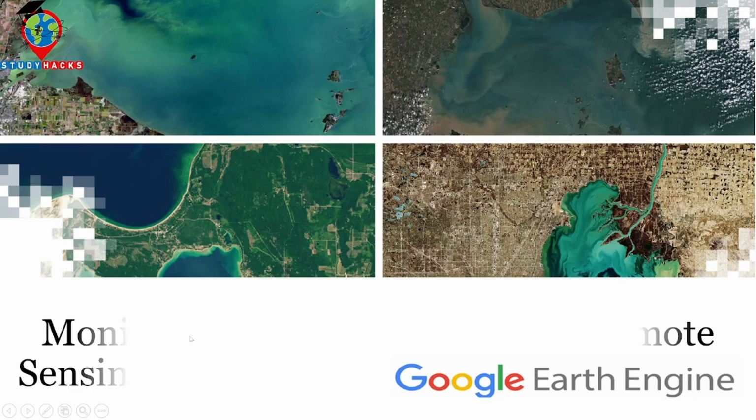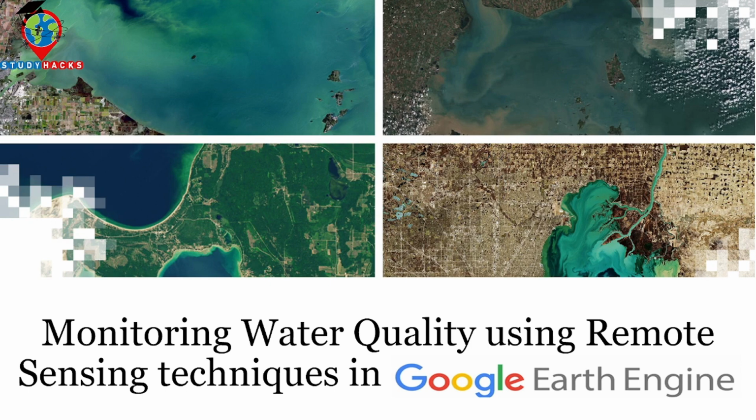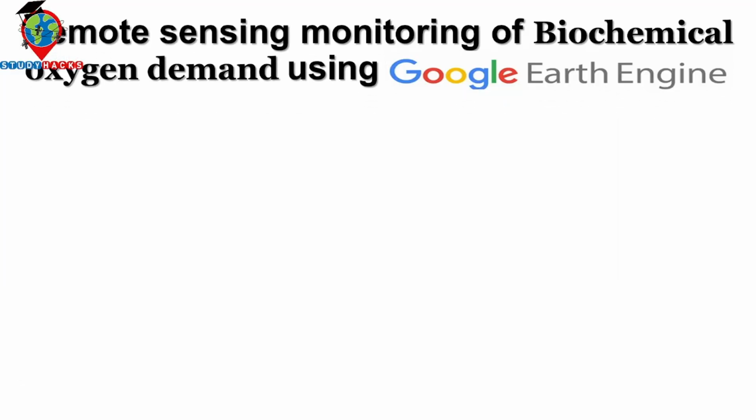Hi, and welcome to monitoring water quality using remote sensing techniques in Google Earth Engine. Today's session, I will discuss how we can easily monitor biochemical oxygen demand, mainly BOD, which is a very important factor for water, using Google Earth Engine and remote sensing.